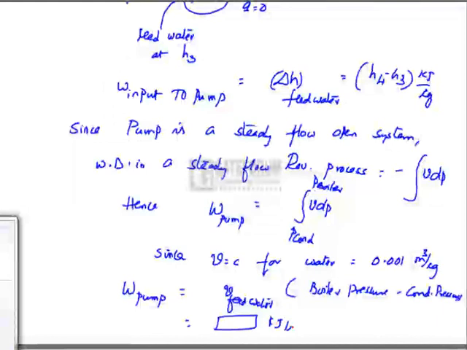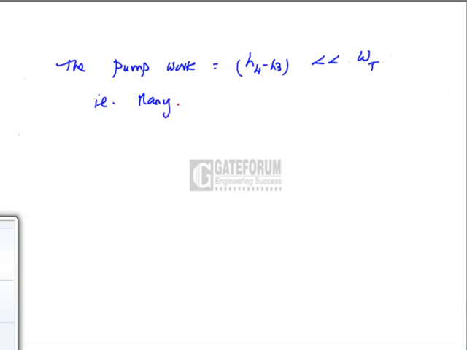Kilojoule per kg. The pump work, what we had calculated as H4 minus H3, is far lesser than the work of the turbine. That is the reason why many a time pump work may be neglected.